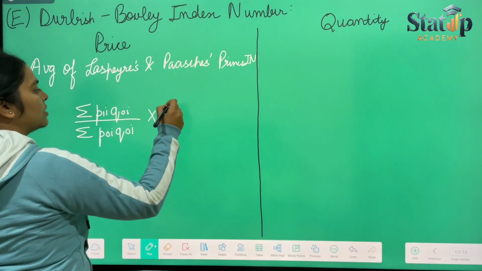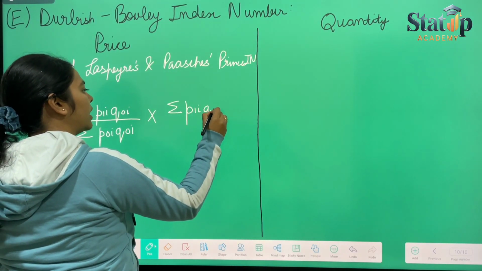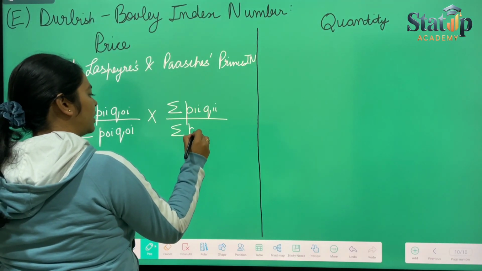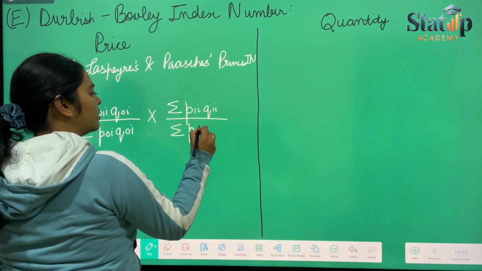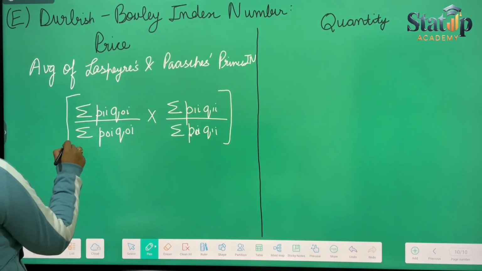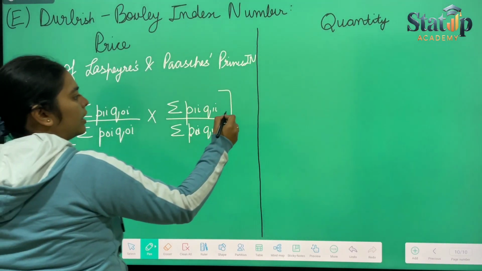And Paasche's is summation P1i Q1i upon summation P naught i Q1i, and it is the average of these two, so I will write 1 upon 2 into 100.